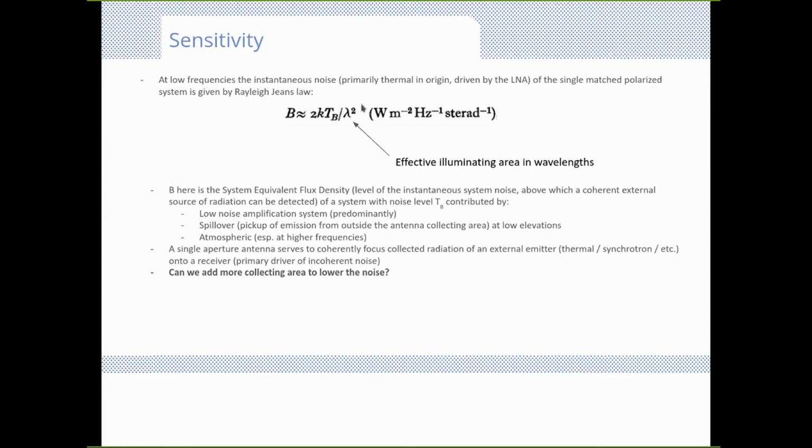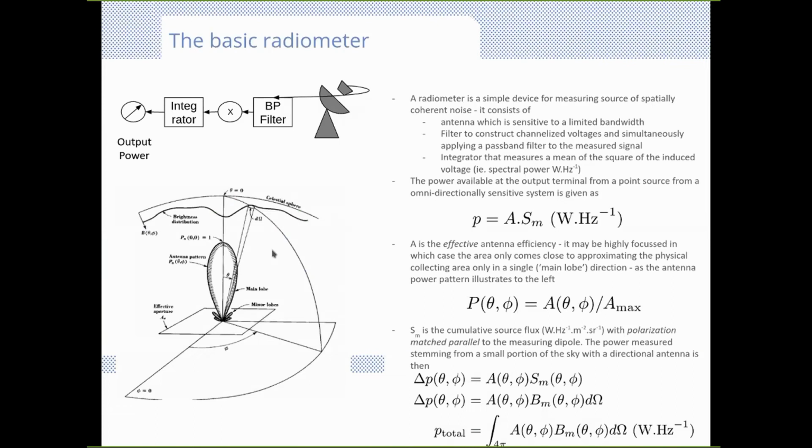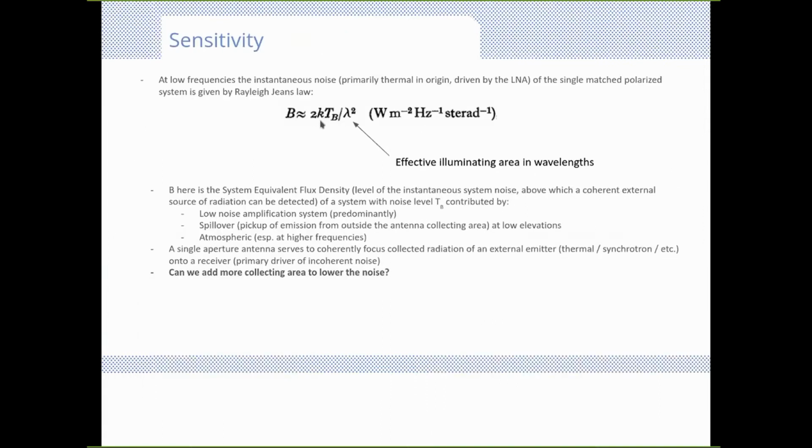Anywhere else, we're going to have a drop-off. For a directional antenna, we have a primary lobe in which it is mostly sensitive. Anywhere else, we'll have minor side lobes, but we lose significant sensitivity for a directional antenna system such as MeerKAT.